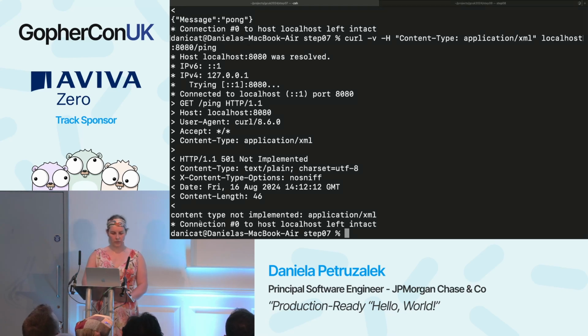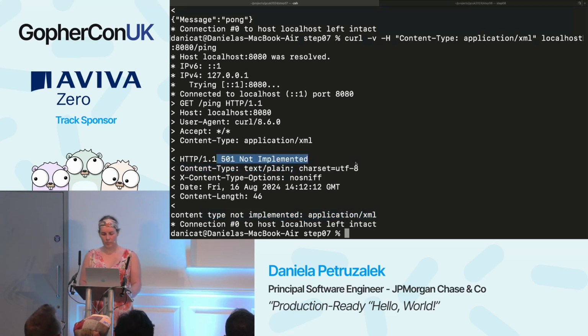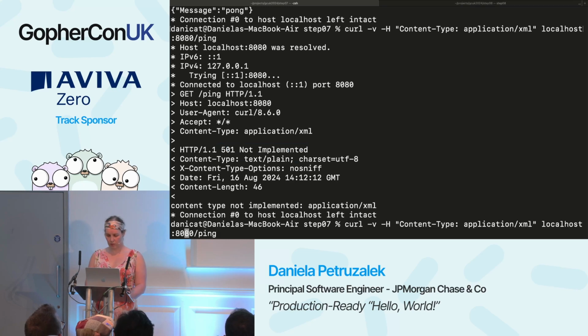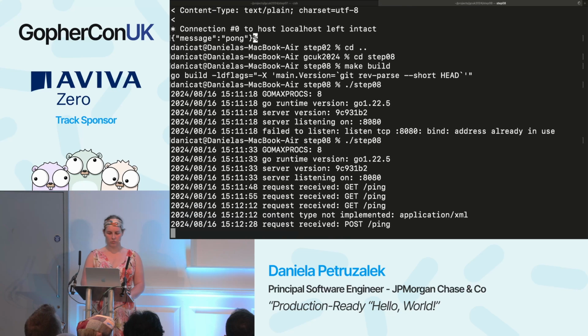And I have a nice little message, not implemented, and also my status is 501. And here I can also show how I'm using a method post. Also, method post not allowed. And if you look on the other window, now I can have some nice information that this is actually doing the work I was expecting it to do.